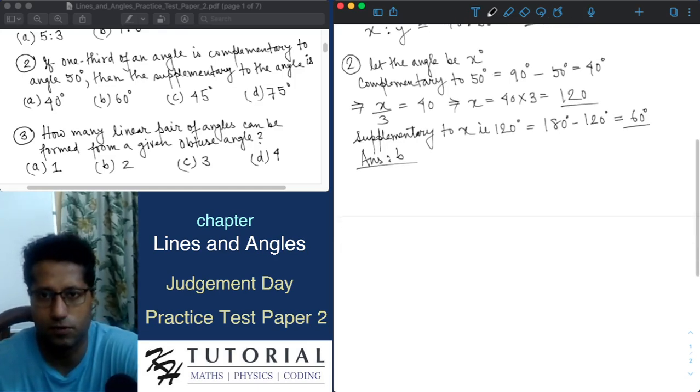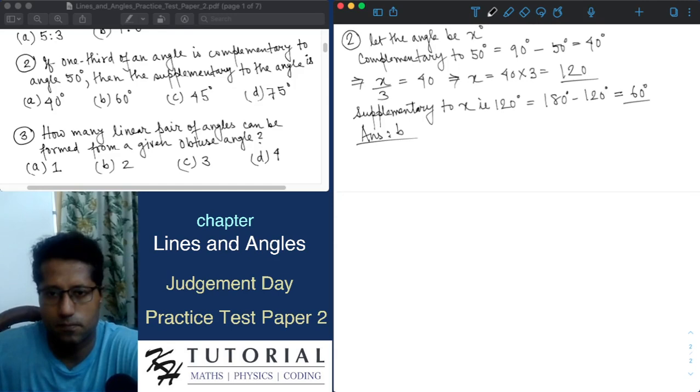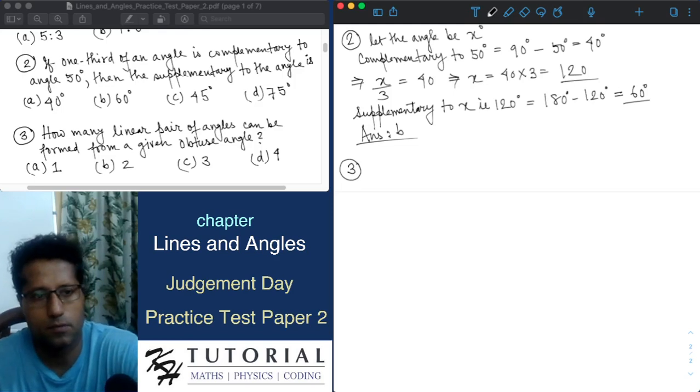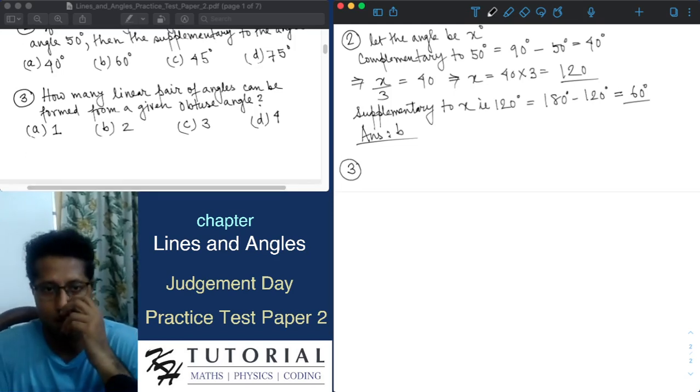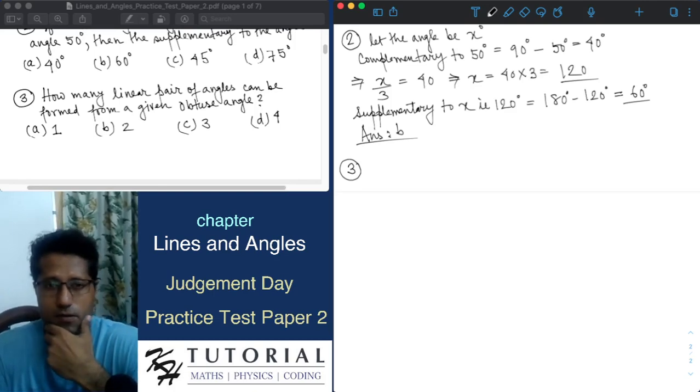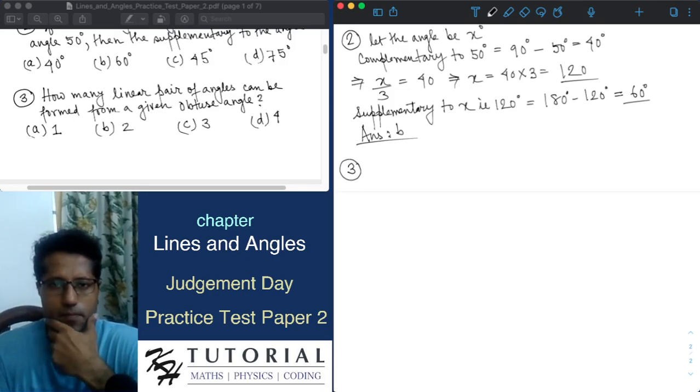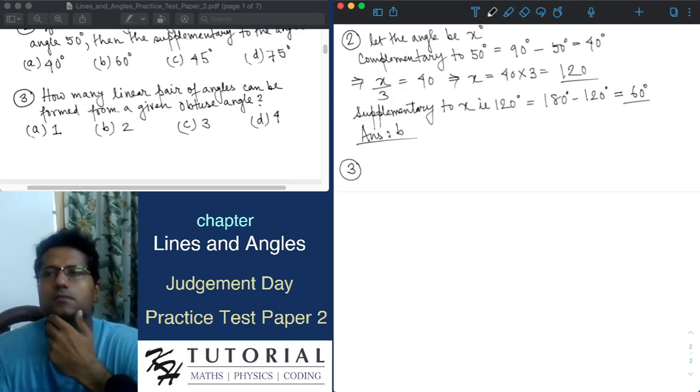Okay, let's do question number 3. Question number 3 says, how many linear pairs of angles can be formed from a given obtuse angle? How many linear pairs of angles can be formed from a given obtuse angle?